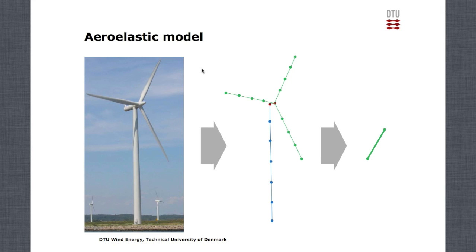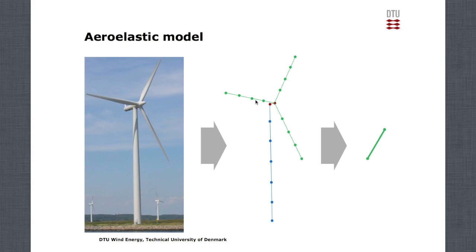This is to say that usually when you want to study the entire turbine, as you see here on the left, you use aeroelastic codes, and in most aeroelastic codes, or in the specific case of our HAWC2, the in-house code we use, the entire blade is represented using beam finite elements, which are usually represented like this.